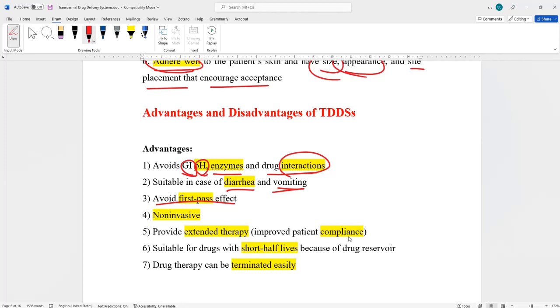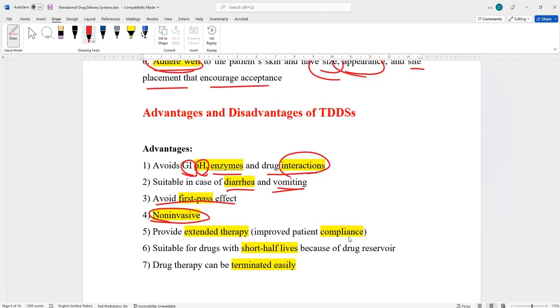And the liver can reduce significantly the amount of the drug that gets to the systemic circulation. While with transdermal drug delivery system, you don't have this problem, because the drug goes to the systemic circulation directly. Also, the transdermal drug delivery system is a non-invasive method. It's not like doing a surgery or giving an injection where there is a needle. Okay? So it's non-invasive, non-painful.